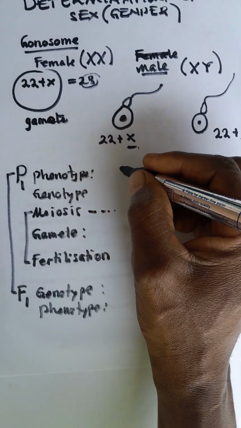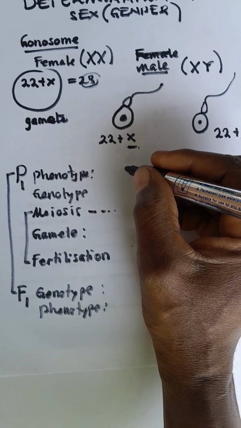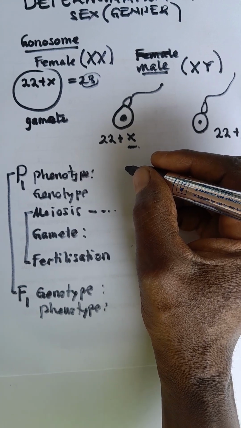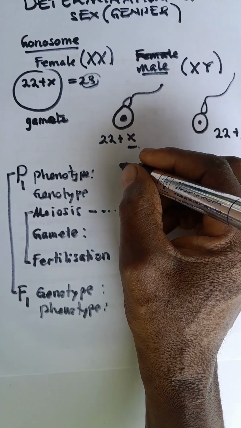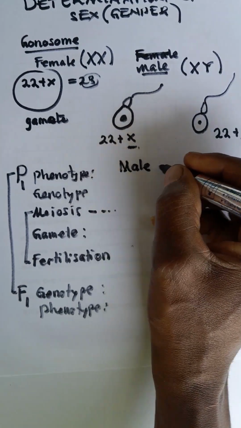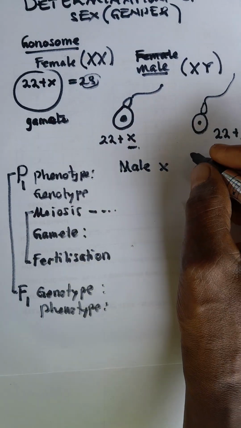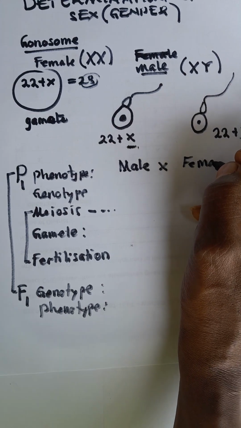Now let's look at the determination of gender in this case. We all know that here we are talking about sexual reproduction, right? So in sexual reproduction, we have the father who is a male, crossed with the mother who is a female.